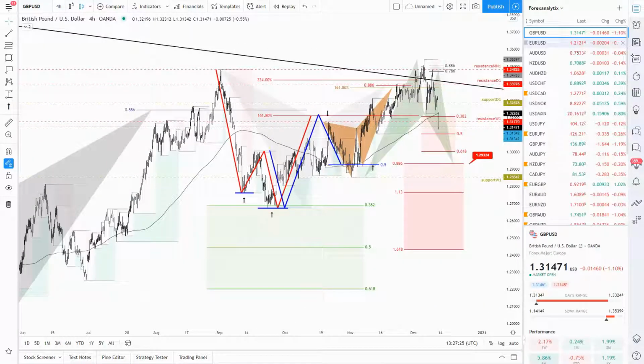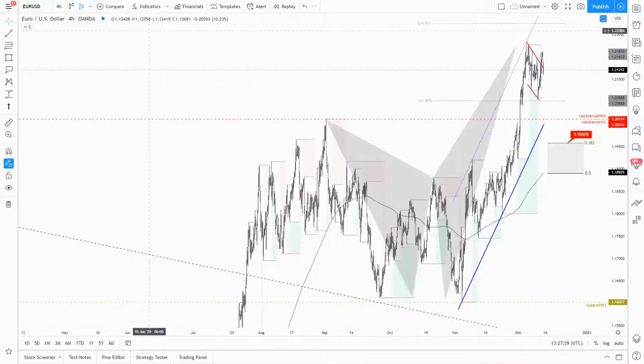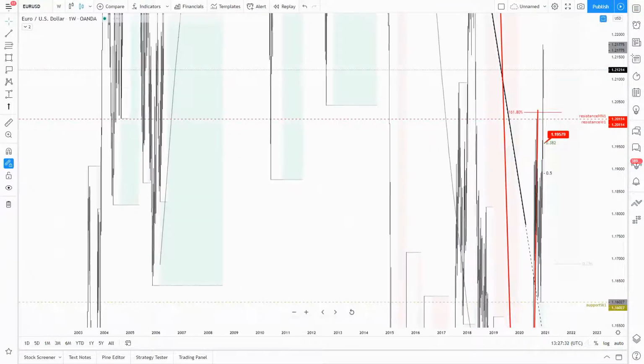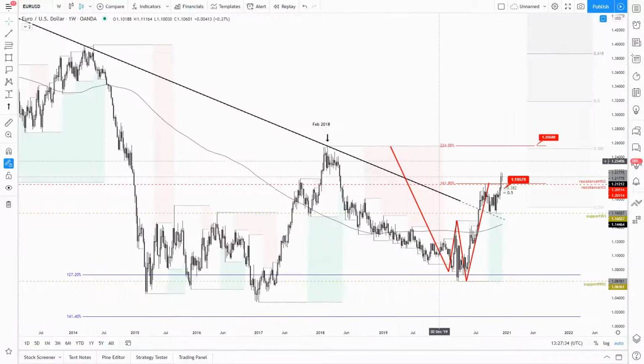Okay, moving forward, euro versus dollar. Let me go into a weekly time frame.